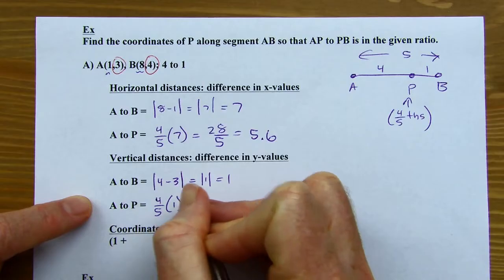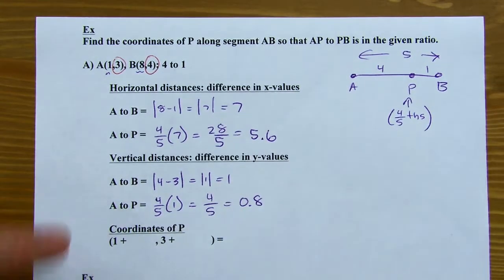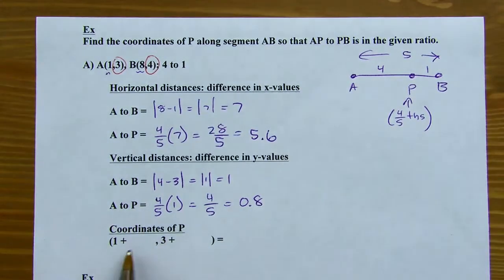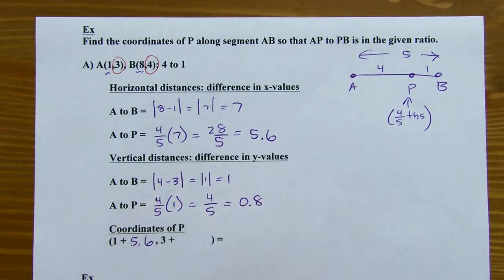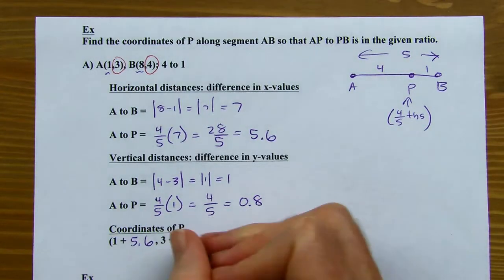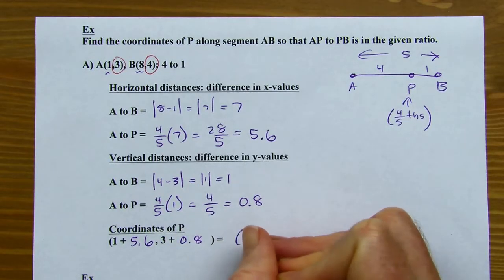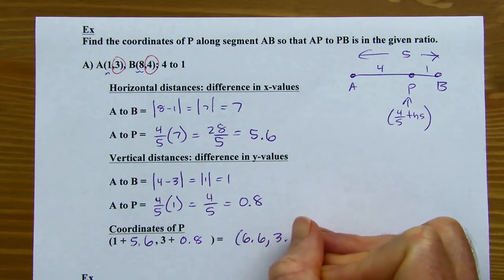So 4/5 of 1 is 4/5, and that's 0.8. Now I've got the horizontal bit that I've got to add, which is 5.6, and the vertical bit that I need to add, 0.8. That's going to give me 6.6 and 3.8.